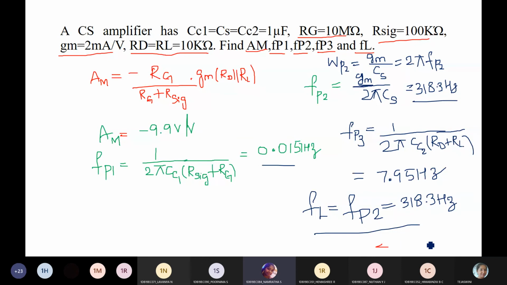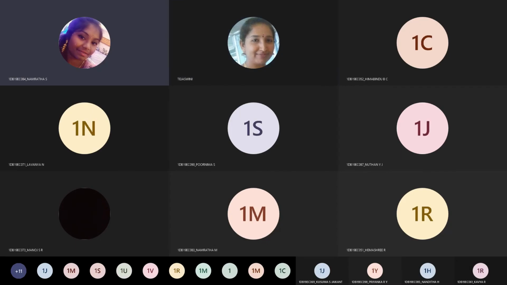Ma'am, we first discussed the low frequency, then the derivations, and the sums on the low frequency part. Can you elaborate the derivation? Vg is equal to V signal Rg divided by R signal plus Rg, 1 by SC1.